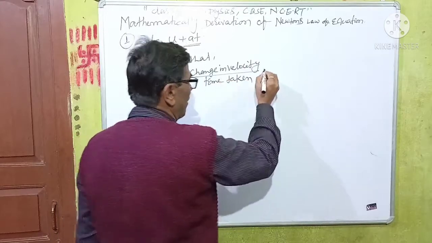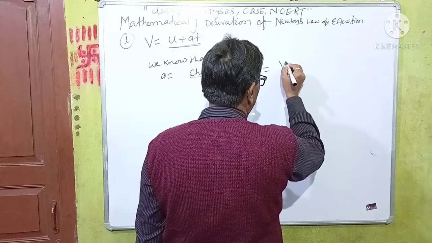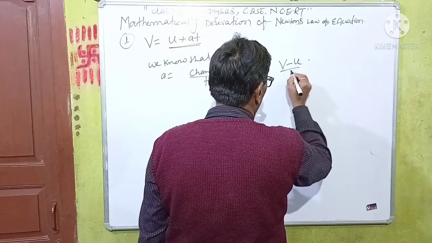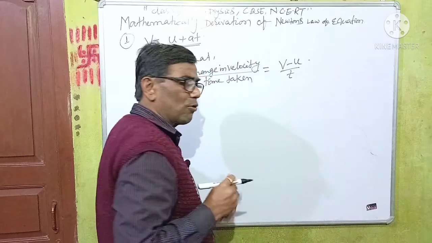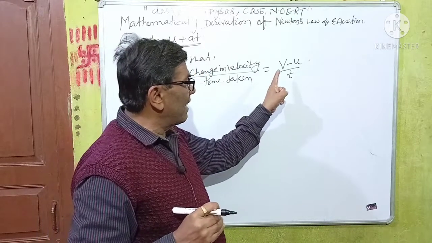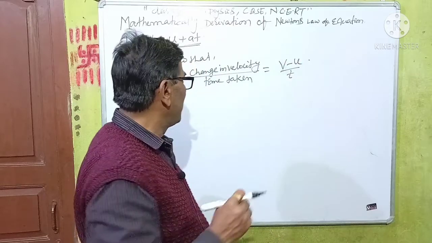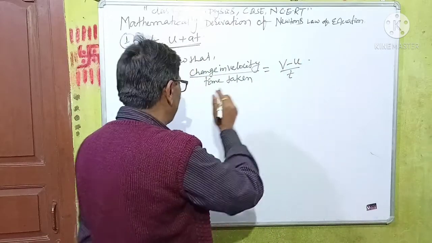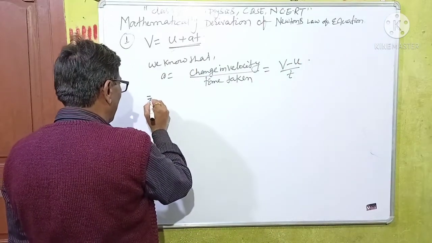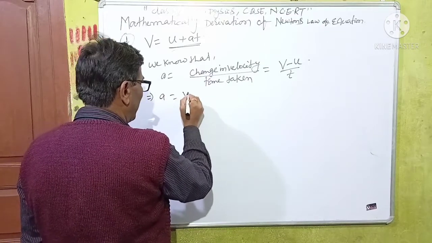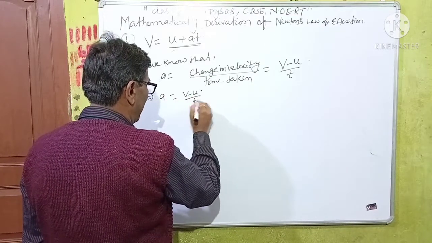Change in velocity represents the final velocity minus the initial velocity, divided by t. Therefore a = (v − u)/t.